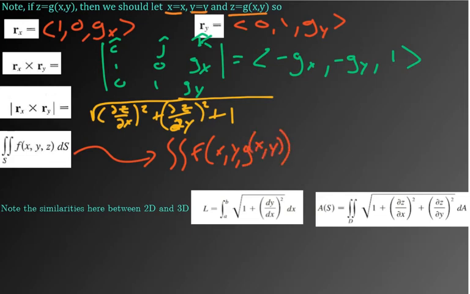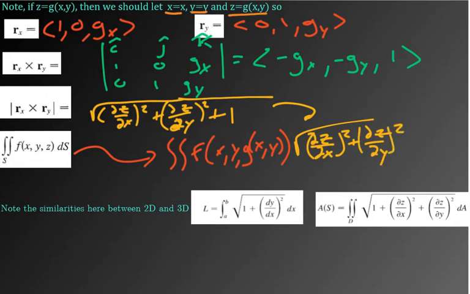So that would be my parameterization, right? And then I would just multiply it by this thing. So I would have the square root of the partial of z with respect to x squared plus the partial of z with respect to y squared plus 1. And then I'll just put it here, dA. And so that's your magnitude of the cross product r with respect to x cross r with respect to y.